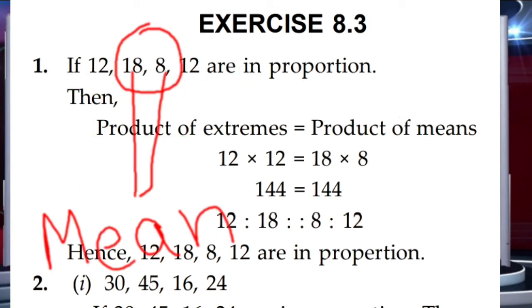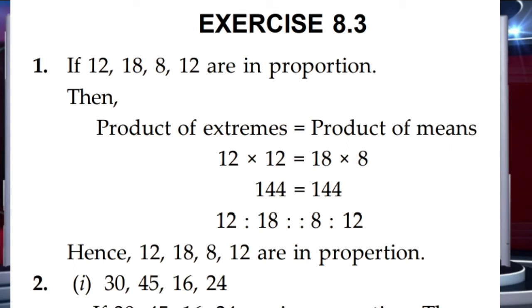So now we will multiply 12 into 12 and 18 into 8. 12 into 12 is 144 and 18 into 8 is also 144. Here the product of extremes is equal to the product of means. So these terms are in proportion, that is, 12 ratio 18 is proportional to 8 ratio 12.